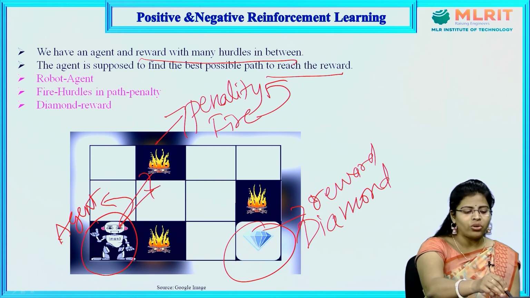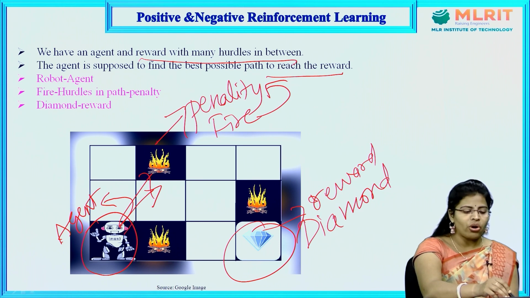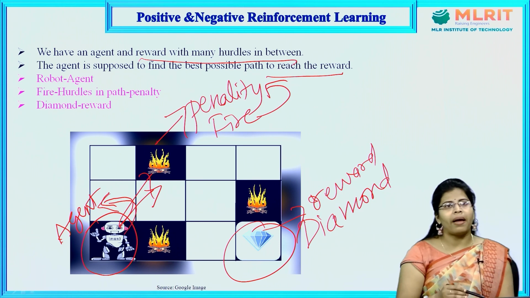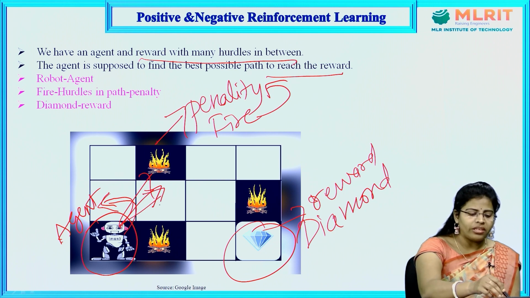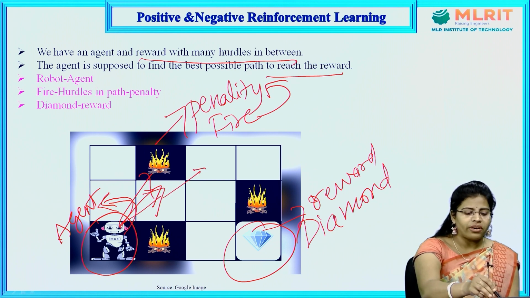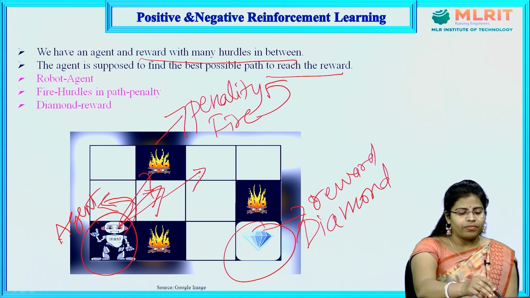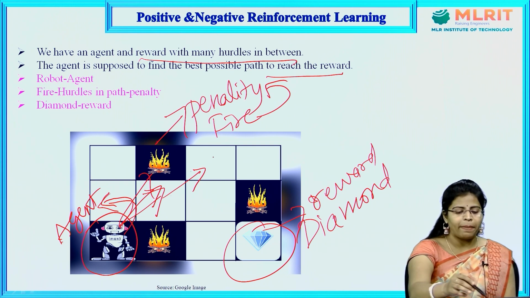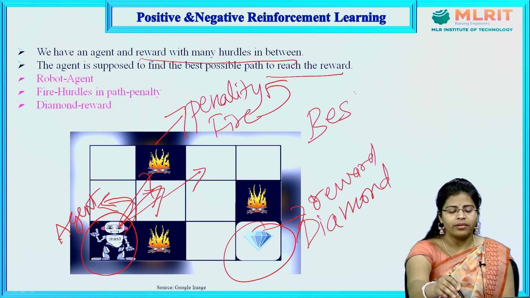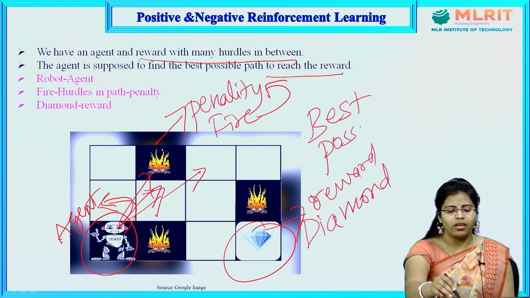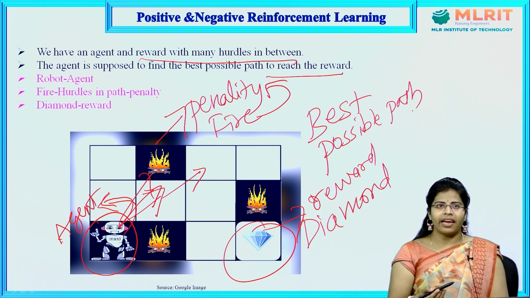Whenever he enters the forward step, he should not enter the back step. That is one condition. Whenever he enters this step, he needs to go forward and then select the best possible path to reach the destination, that is the diamond.